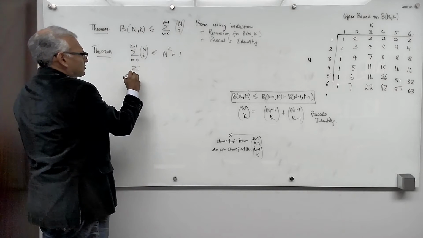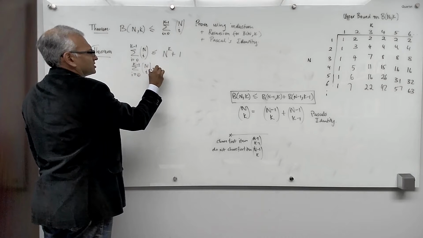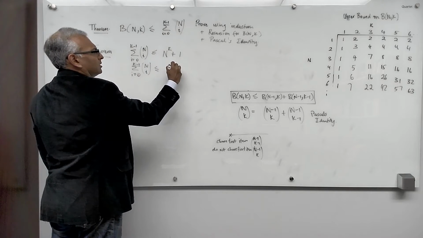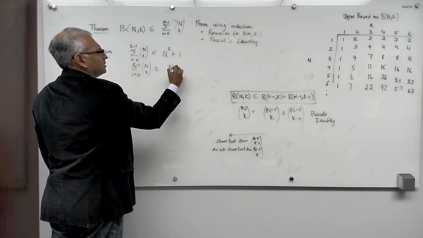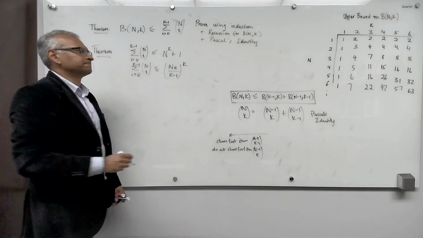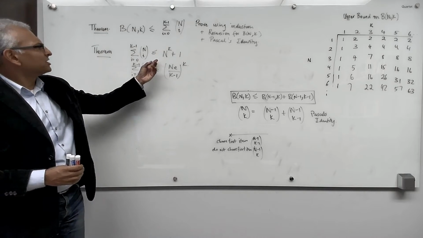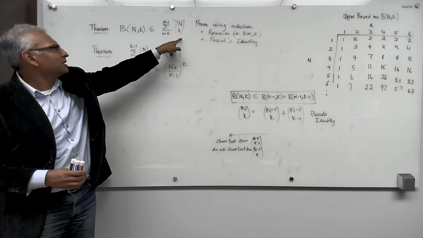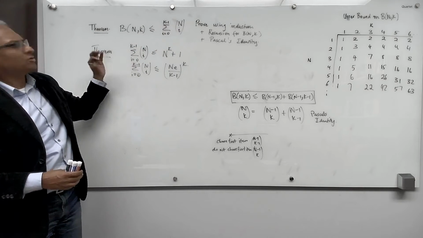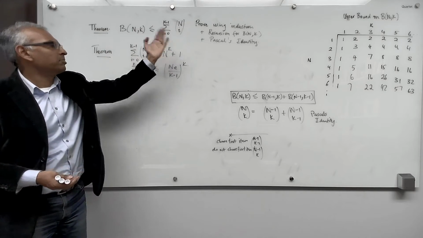The sum from i equals 0 to k minus 1 of n choose i is also less than or equal to n times e over k minus 1 raised to the power k. The only reason I'm showing you these bounds is to make it obvious that this sum is a polynomial in n. Because for a start, it's bounded by n to the k plus 1. So it's bounded by a polynomial in n.